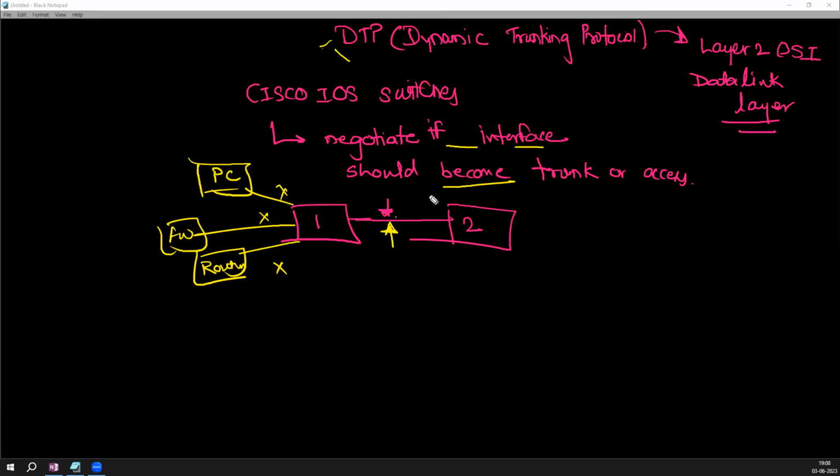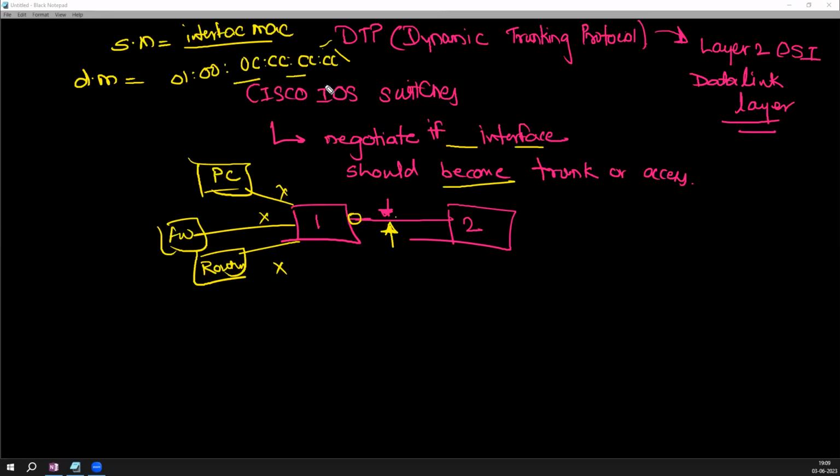Okay, now DTP, how exactly is a DTP frame created? The source MAC address of the DTP frame would be the interface MAC, whatever MAC you have on this interface, whereas the destination MAC is going to be 0100.0CCC.CCCC.